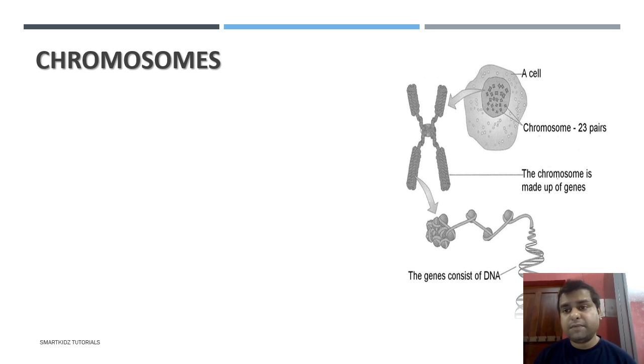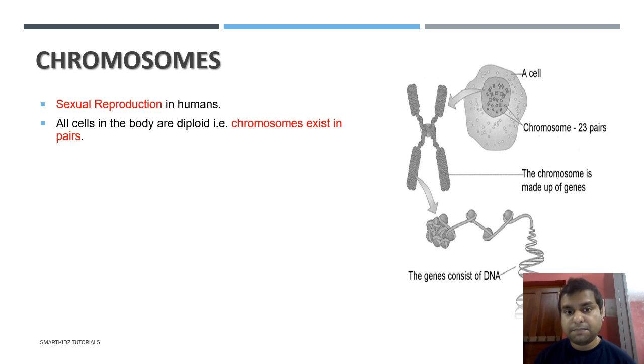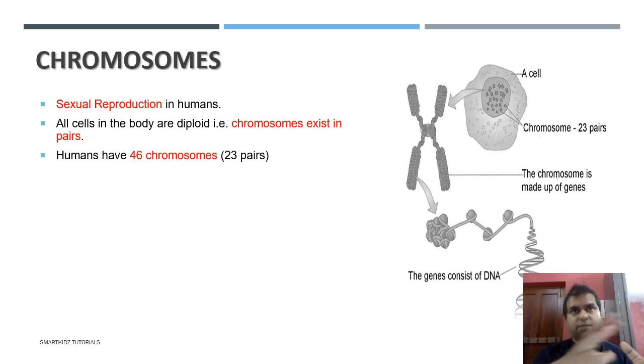When we speak about traits, we come to an important part in understanding developmental genetics and cell biology. Coming to humans, let us try to understand these traits from the human point of view.